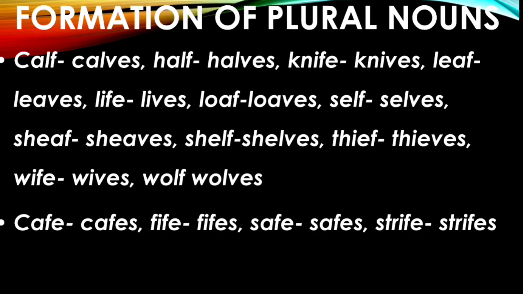And there are 12 nouns ending in F or FE, and they drop F or FE and take VES to form the plural. Calf, calves, half, halves, knife, knives, leaf, leaves, life, lives, loaf, loaves, self, selves, sheaf, sheaves. You know all these 12 nouns.